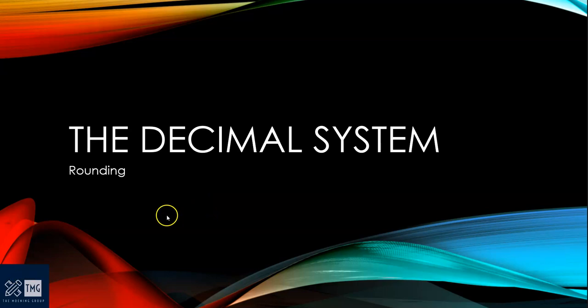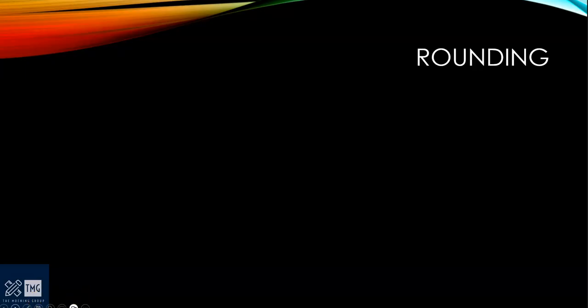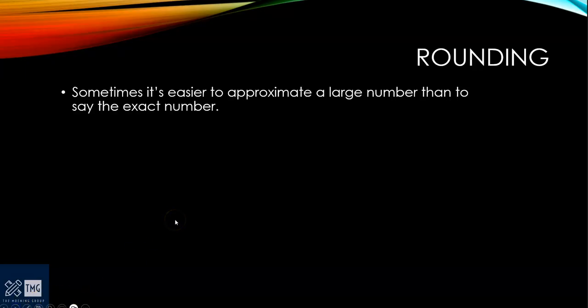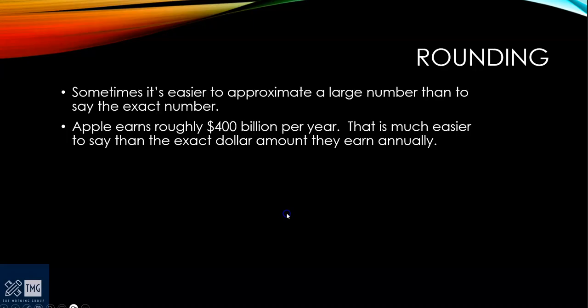Decimal system. Let's focus on rounding. With rounding, you've got to think about, why am I doing it? Well, sometimes if we are talking about really large numbers, or maybe you're just at the grocery store, it's easier to approximate a number than to say the exact number. If we're talking very large numbers, think about the company Apple.